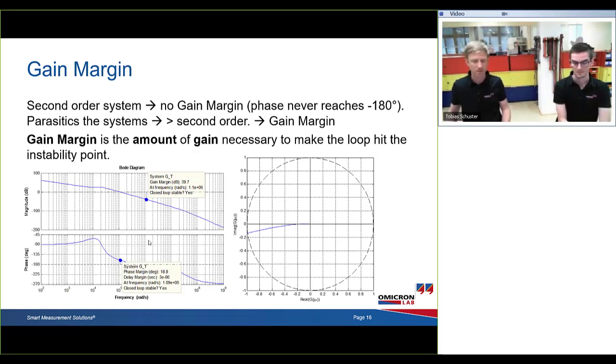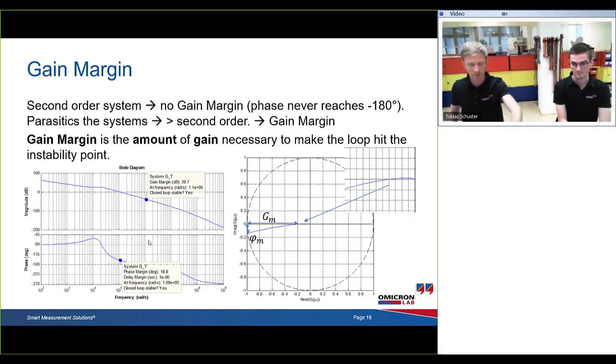The minus 180 degrees crossover frequency is where the transfer function crosses the negative x-axis, and the gain margin is the value that is left that you need to multiply the transfer function with before it starts to hit the -1 instability point.